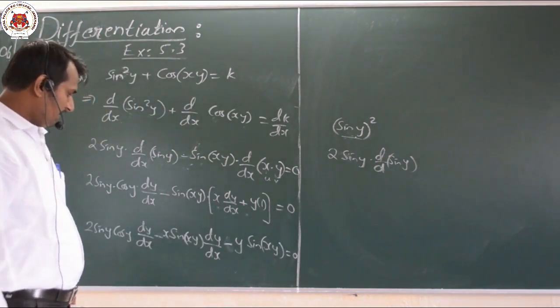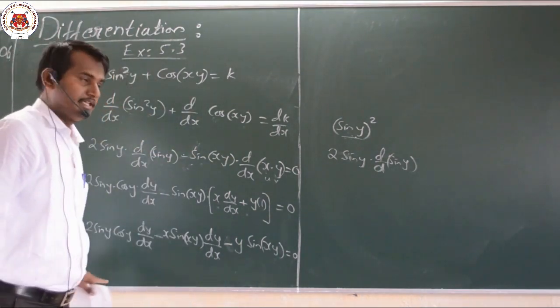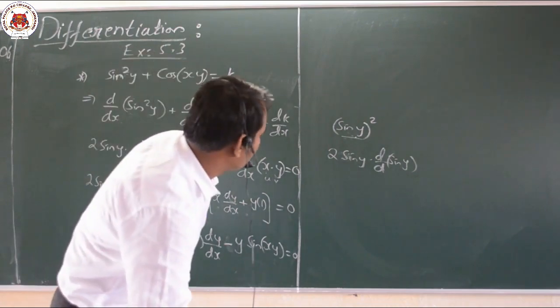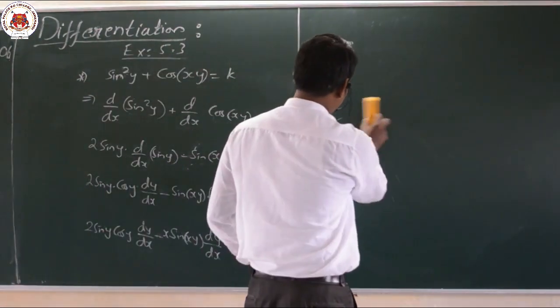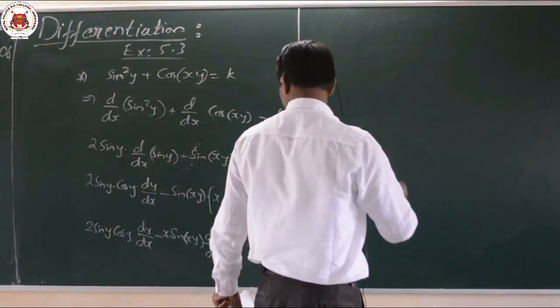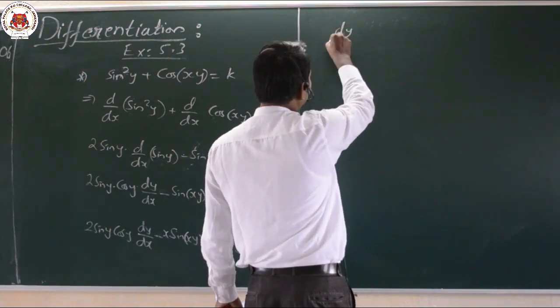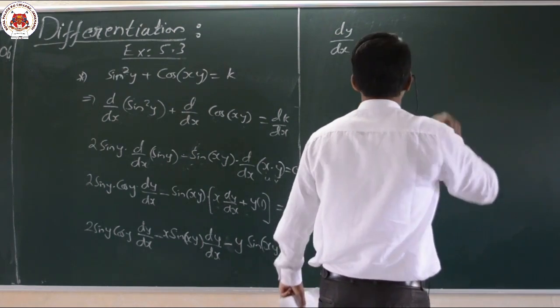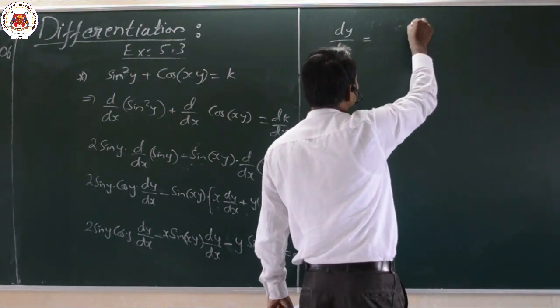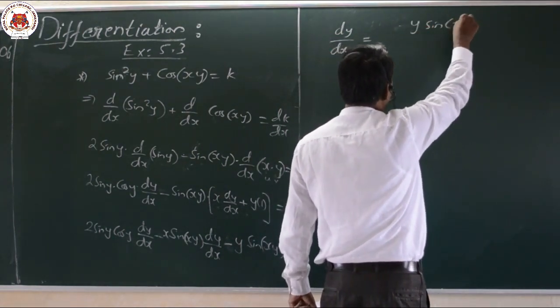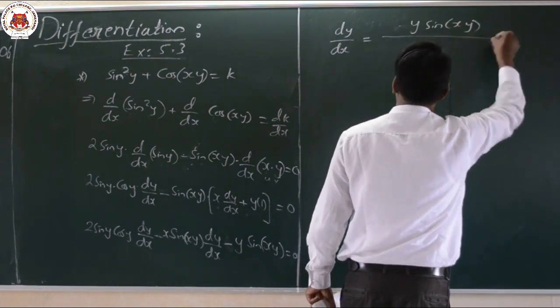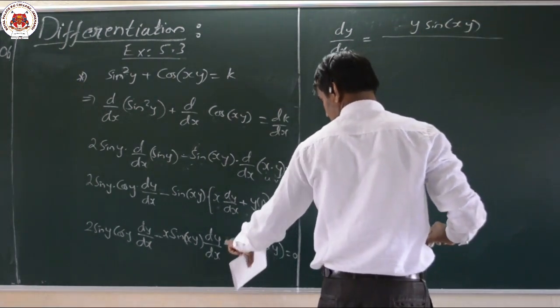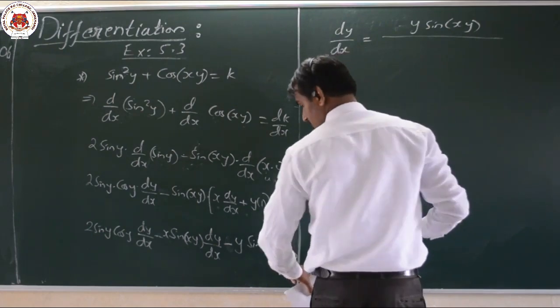Now what I will do is gather all the dy by dx terms. So what we get here? Gathering the dy by dx terms, dy by dx equal to, this whole term I will take to the RHS, that is minus becomes plus here, y sine of xy. After taking to the RHS it becomes positive.